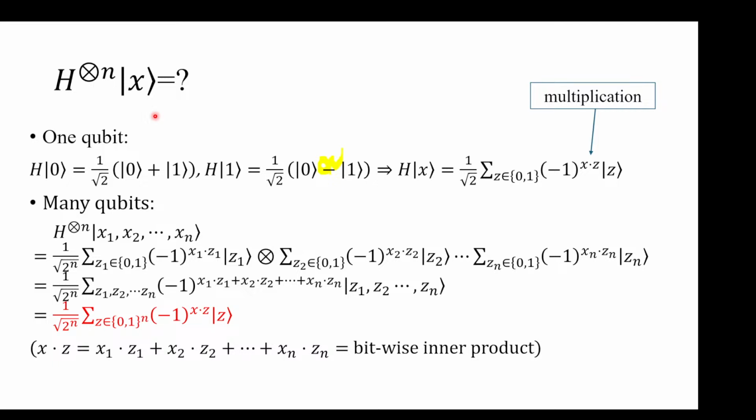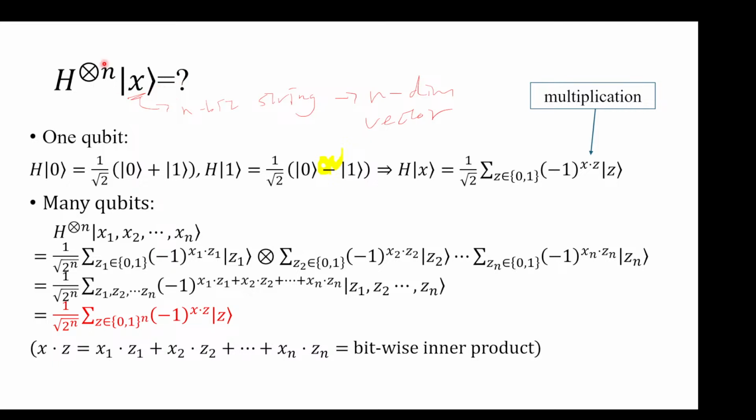Similarly, we think of z1 to zn as an n-dimensional vector, and then we can take the inner product between those two vectors.